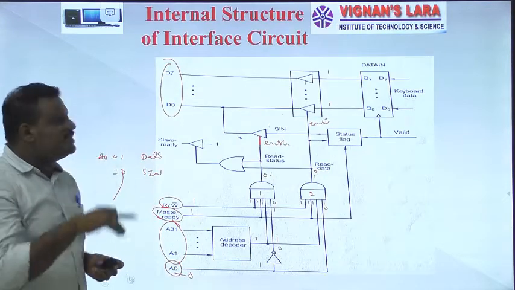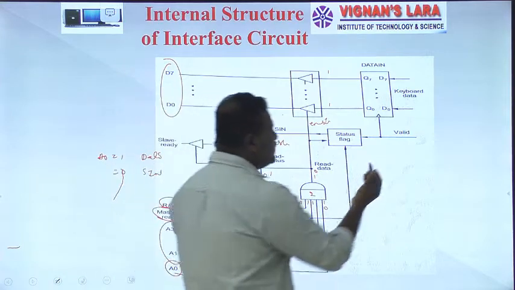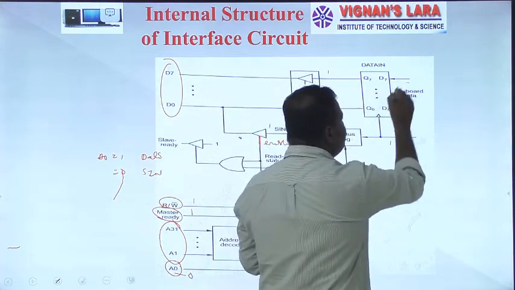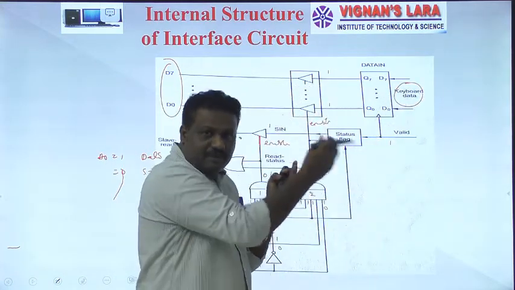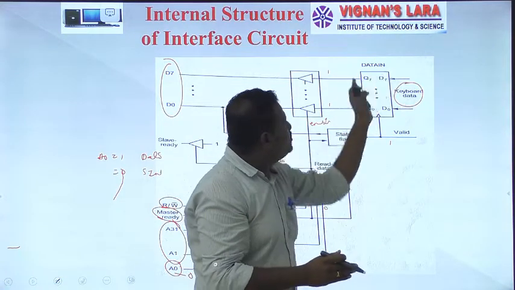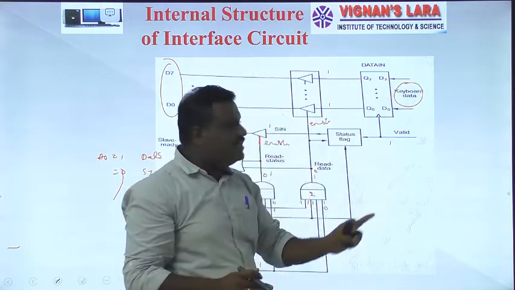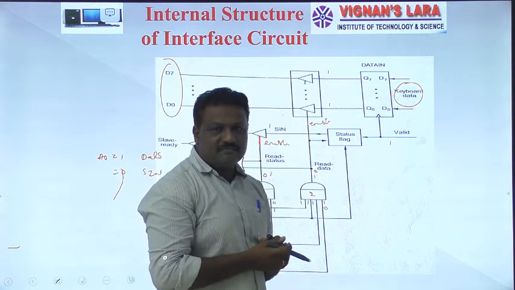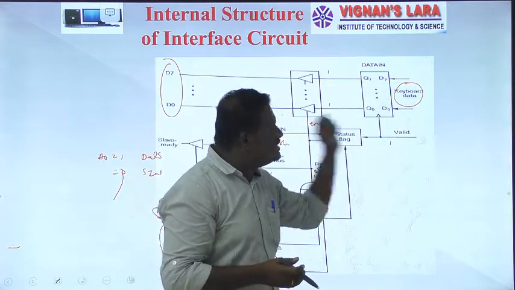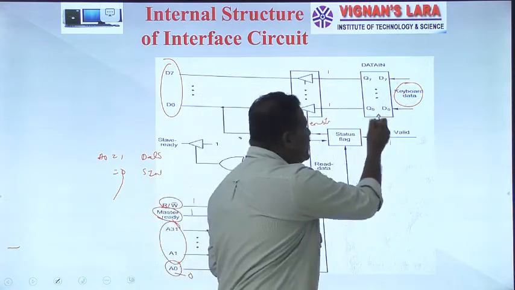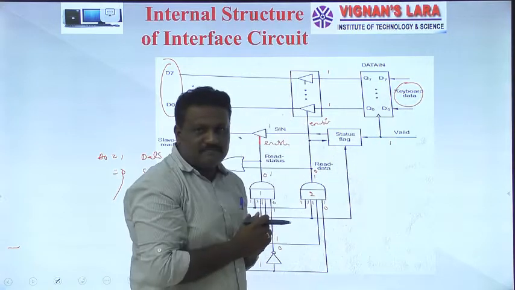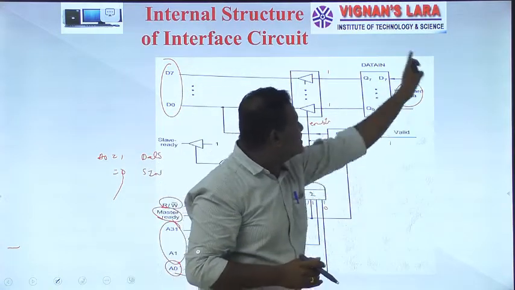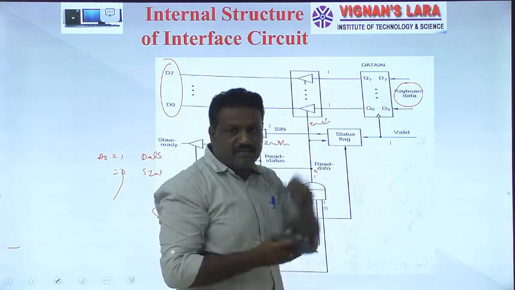Whenever this valid signal is 1, that means we are getting valid data from an input device, which is copied onto this data in register only when this valid signal is set to 1, because this valid signal acts as the clock signal or enable signal for this register. So at that instant, what is present here is stored onto this register.